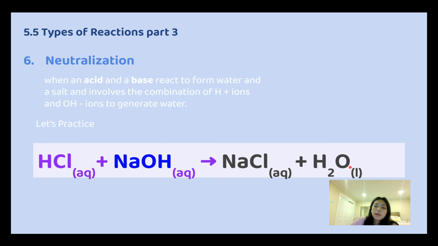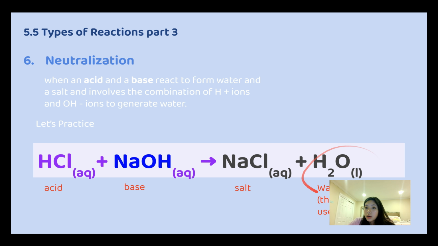So you can use the same method as a double displacement where Na will displace hydrogen, so you're left with NaCl. Hydrogen will displace your sodium, so you're left with water. Remember to balance the charges. So yeah, this is your acid, your base, your salt, and your water.